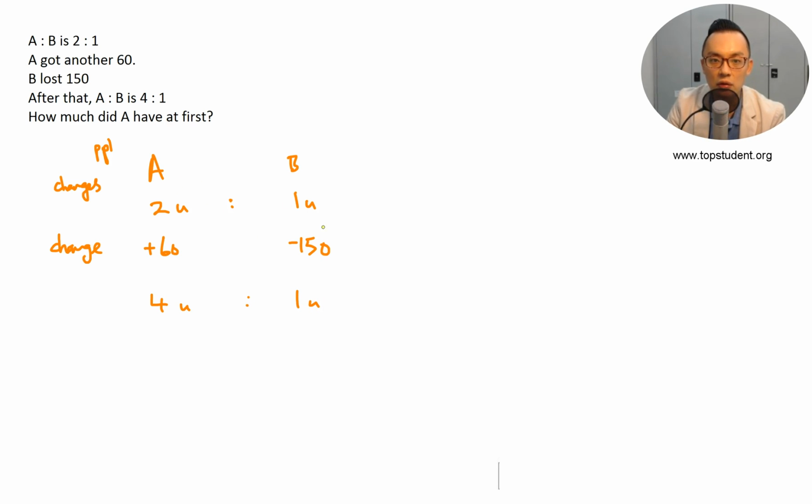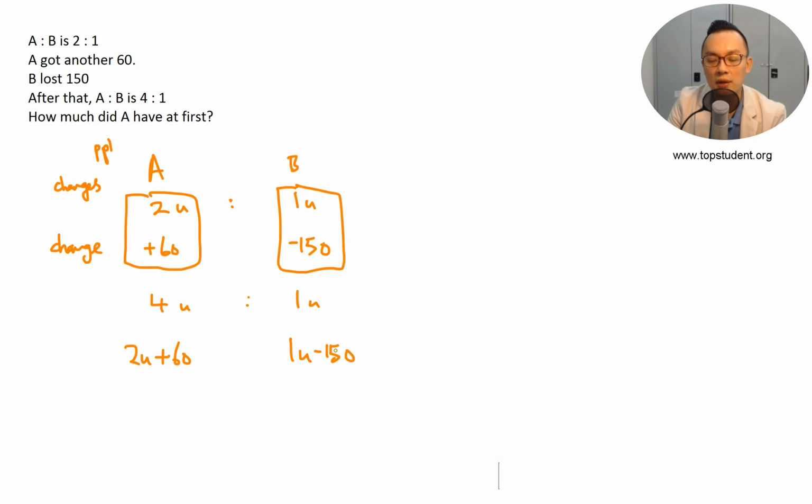No part is the same, no total is the same, nothing is the same. So how do I solve this question? I combine these two parts together and I combine these two parts together. So it becomes 2U plus 60 and 1U minus 150. Now, 1U minus 150 is sort of like 1/4, and this is 4.